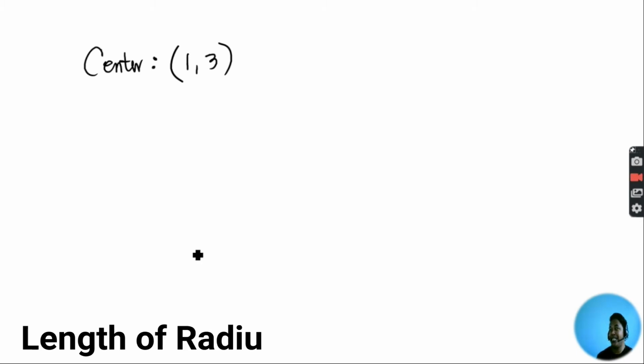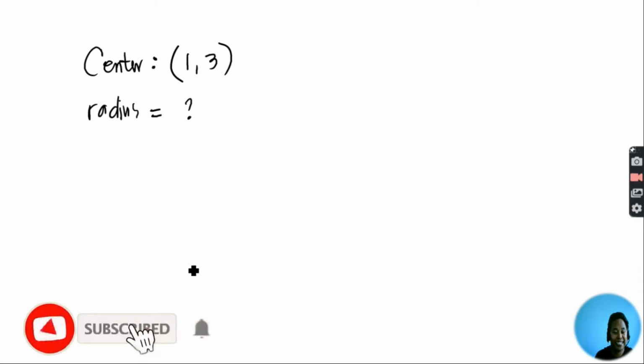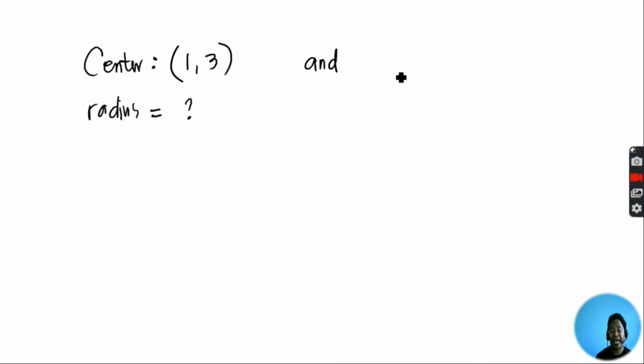Ang kailangan nating hanapin ngayon is kung ano yung length ng kanyang radius. Gagamitin natin yung coordinates ng center and yung isa nating point, yung isang endpoint po.